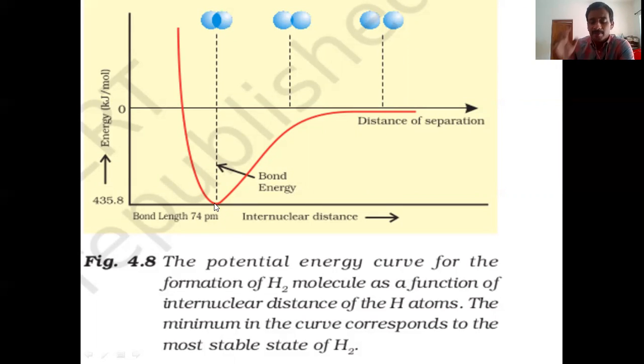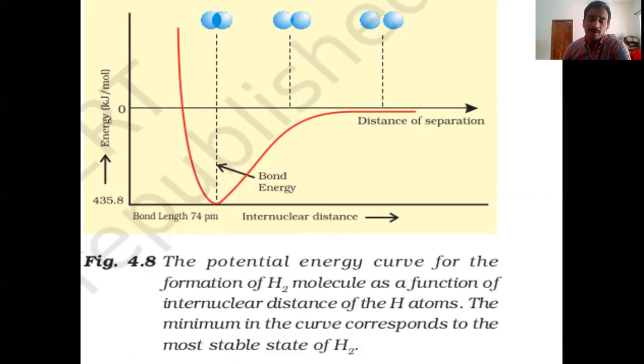This is the minimum energy state attained, and we can identify this minimum energy state as the bonded state. Here the energy of the system is minimum, and therefore we can consider it as the bonded state.